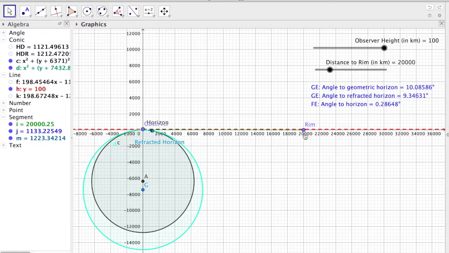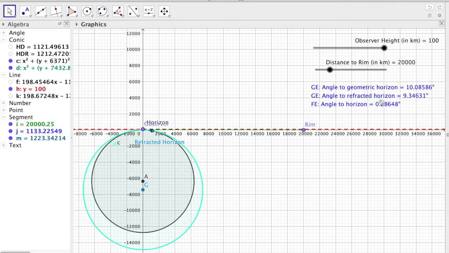We see that if the observer is at 100 kilometers height or elevation, this angle isn't zero. So even on a disk world, if you will, this angle is not zero. In fact, it would become zero only if we extended the distance to said rim to infinity.